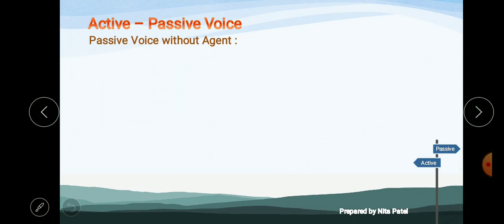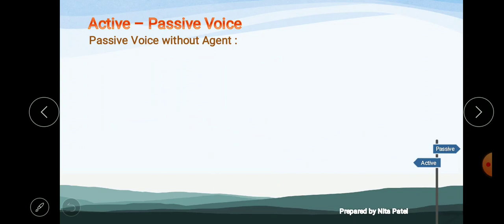Now, active passive voice without agent. What is an agent? In English, you will find there are certain sentences where you don't find a particular agent, that means a proper subject. For example, if I say somebody please help me, I'm not talking to a particular person, like Ram you help me, or Sham you help me.